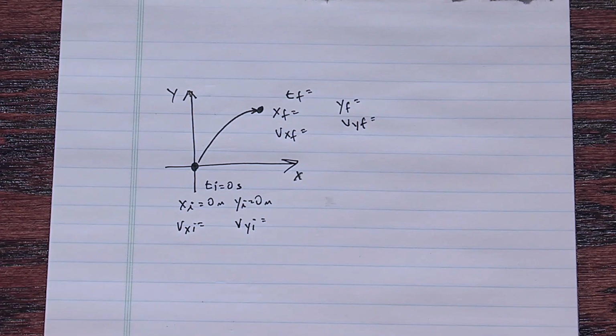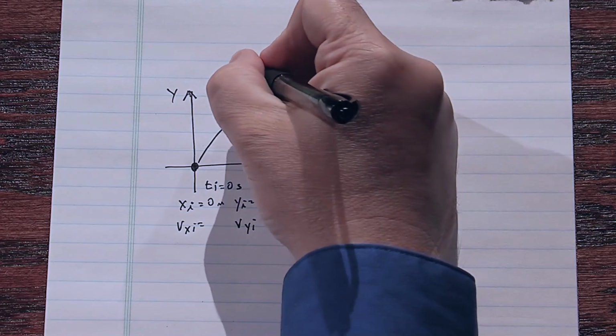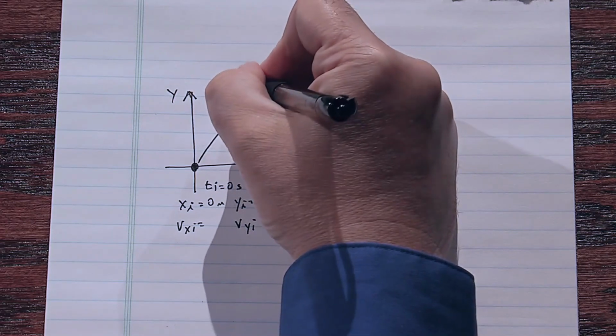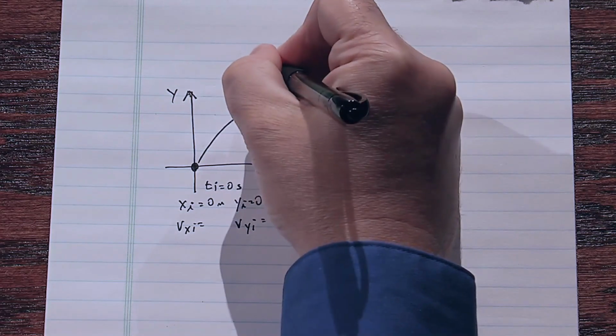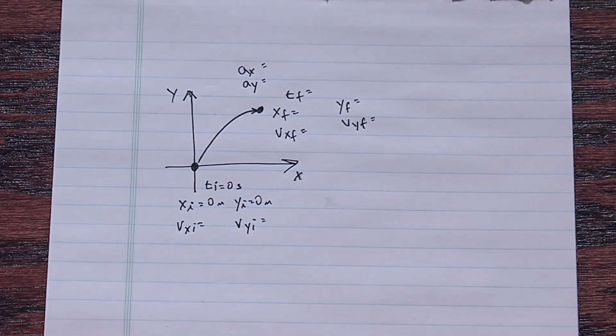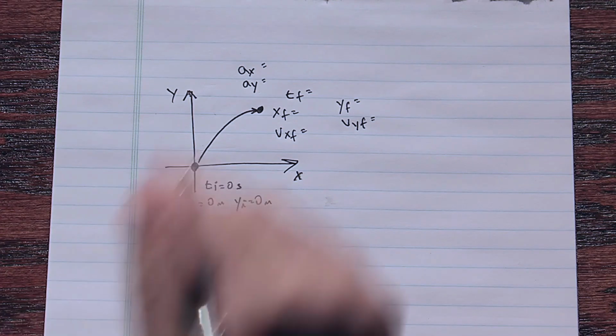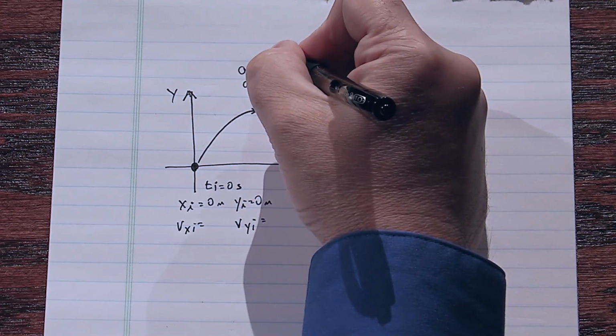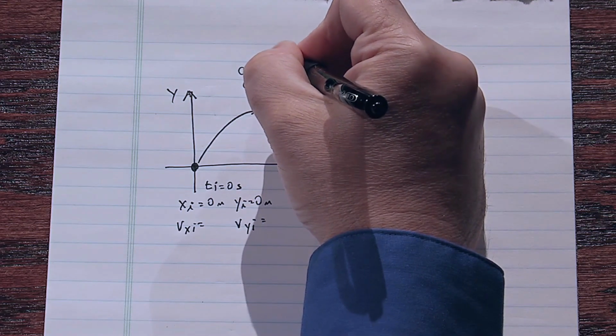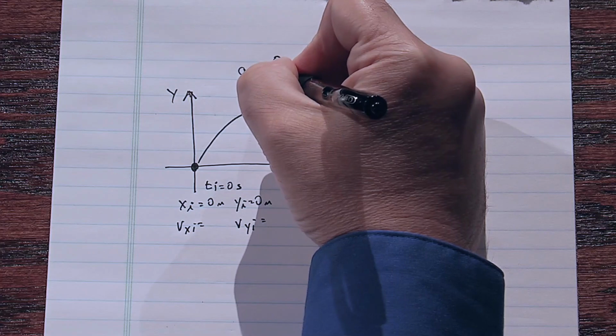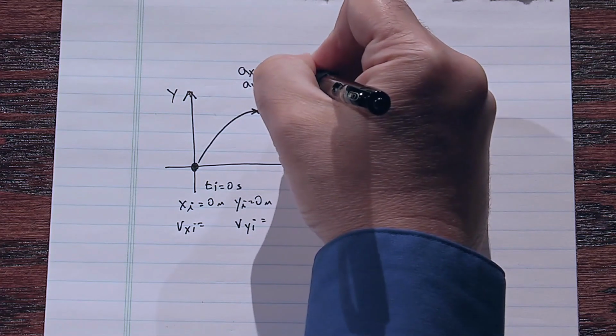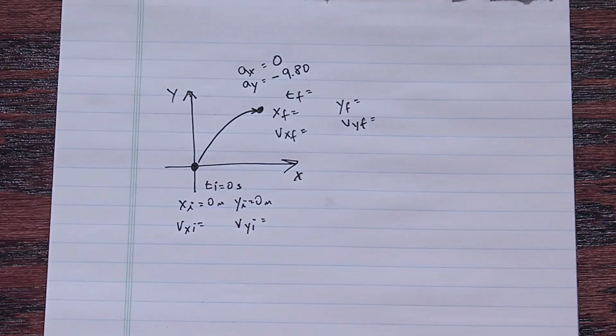You have to consider the acceleration of the ball, ax and ay. Well, we know that since the ball is in the air, we have a projectile situation. So we know that ax is 0 and ay is minus 9.80.